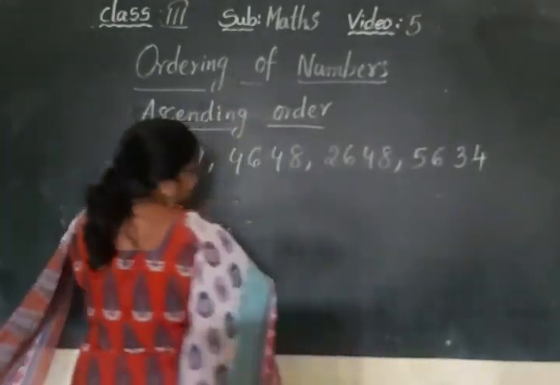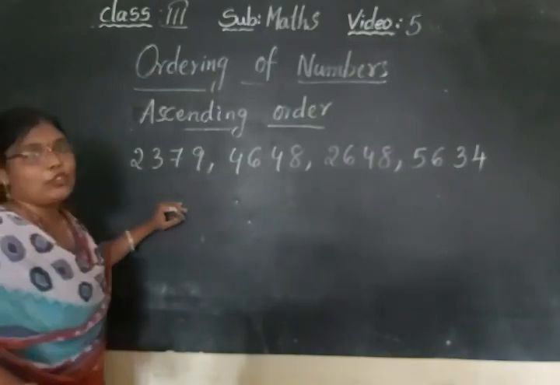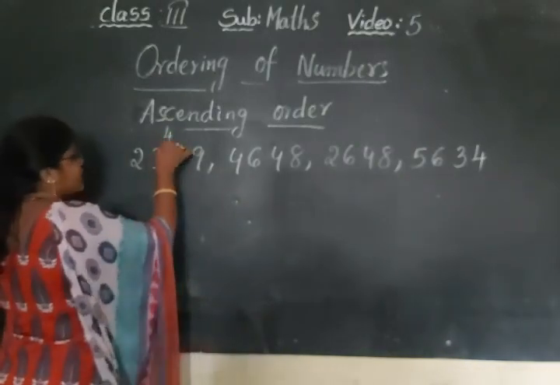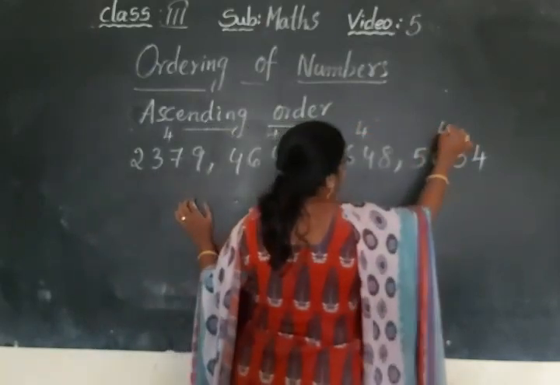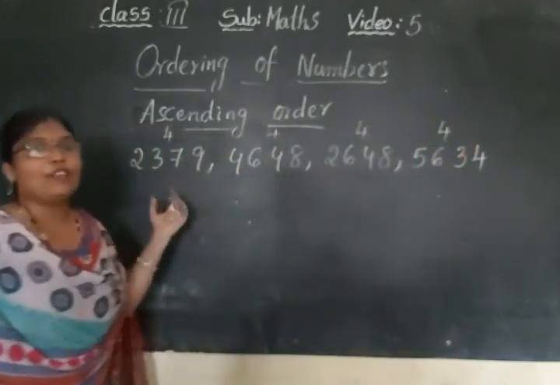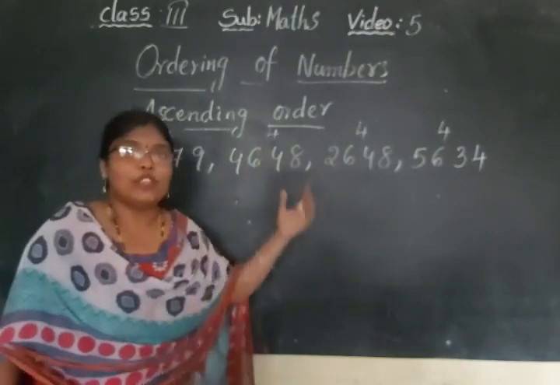Children, first what we have to do? We should count the number of digits. Here we have 4 digits, 4 digits here, 4 digits, and again 4 digits. So we have all the numbers with 4 digits.